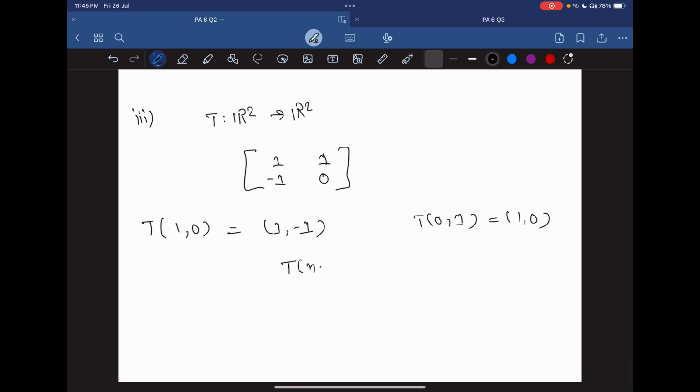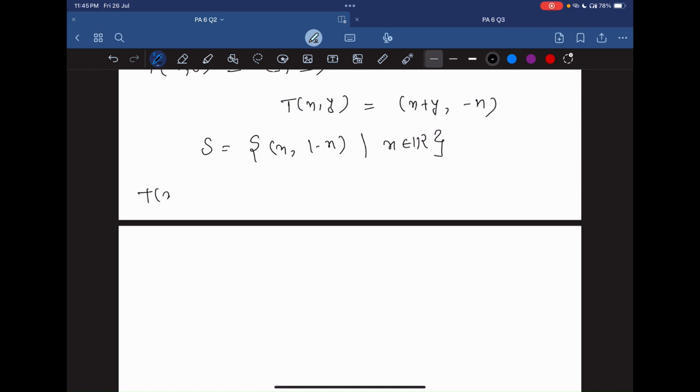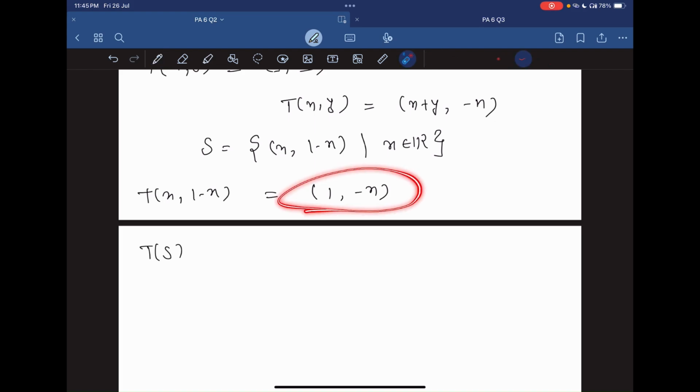So T of x comma y is x plus y comma minus x, and our set S is x comma 1 minus x. So we have to find T of x comma 1 minus x, and that is equal to 1 comma minus x. So here it's very simple to identify the line.